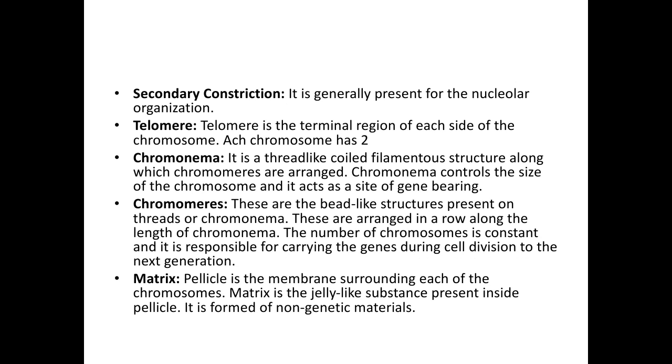Chromomeres. These are the bead-like structures present on threads or chromonema. These are arranged in a row along the length of chromonema. The number of chromosomes is constant and it is responsible for carrying the genes during the cell division to the next generation.